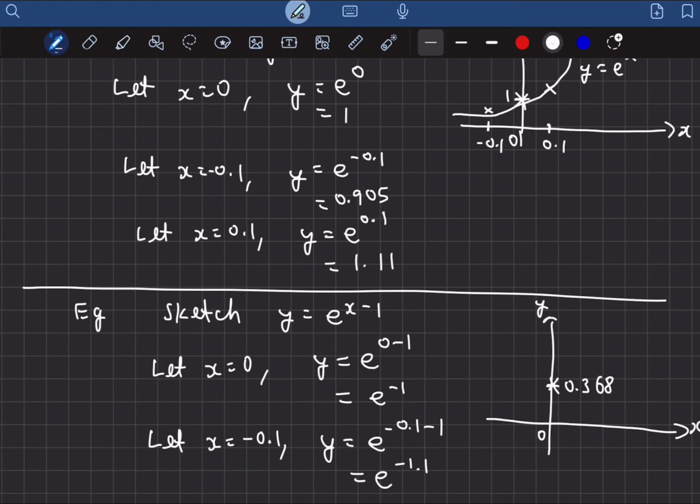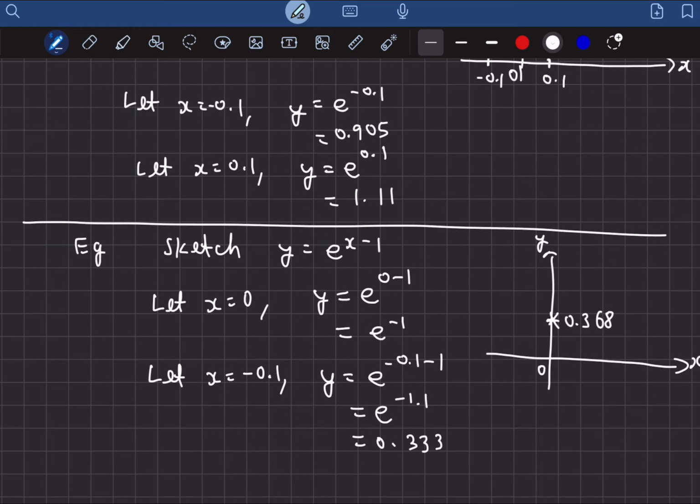Here it will be 0.333, so at negative 0.1, y is 0.333, somewhere around here. Then let x equals to 0.1 also. So y equals to e to the power of 0.1 minus 1, so e to the power of negative 0.9.